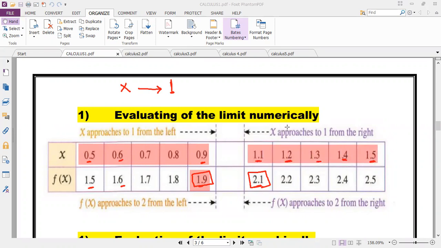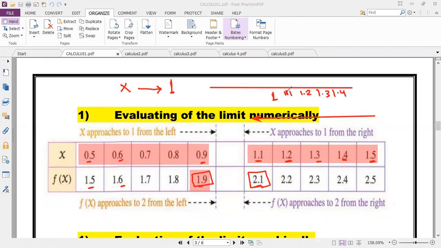Okay, and when taking values more than 1, just a little bit more than 1, like these values here. So as you see here, x approaches 1 from the right, because on the number line here we have 1, and from the right we have 1.1, 1.2, 1.3, 1.4.